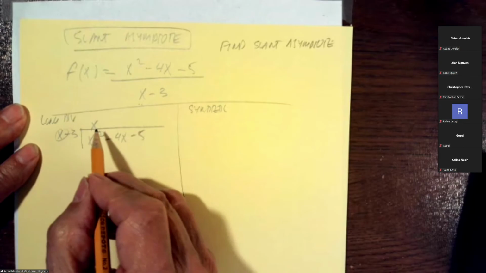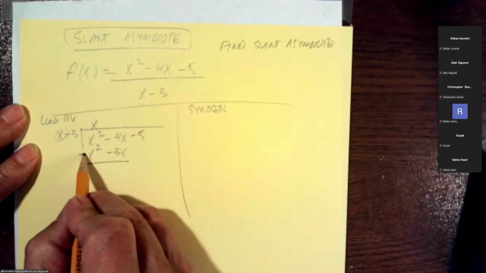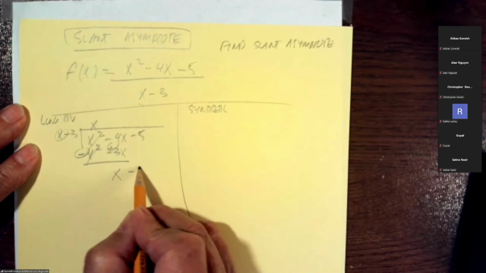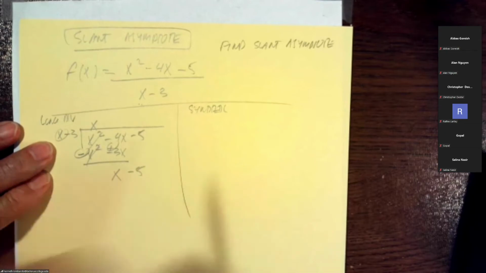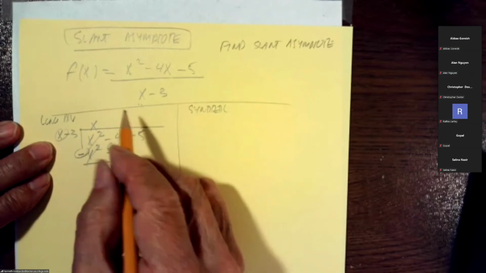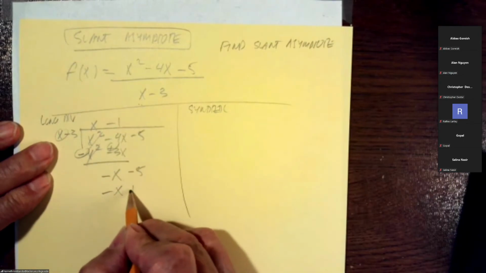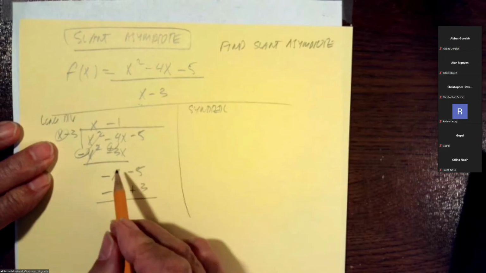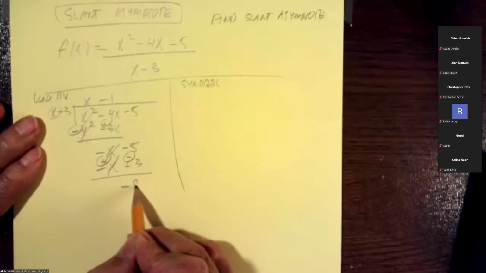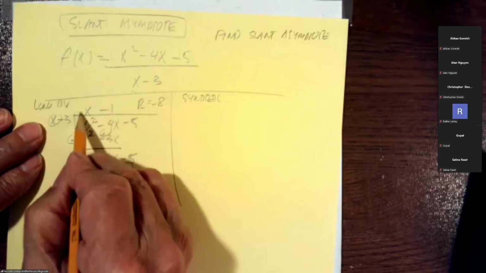X goes into x squared, x times x squared minus 3x, minus plus, those cancel. And I'll get x minus 5. And x goes into x one time. And this is a negative, so it goes in -1, so that's negative x, positive 3. So I'll change those, and those cancel. I'll get -8, so I get remainder equals -8.